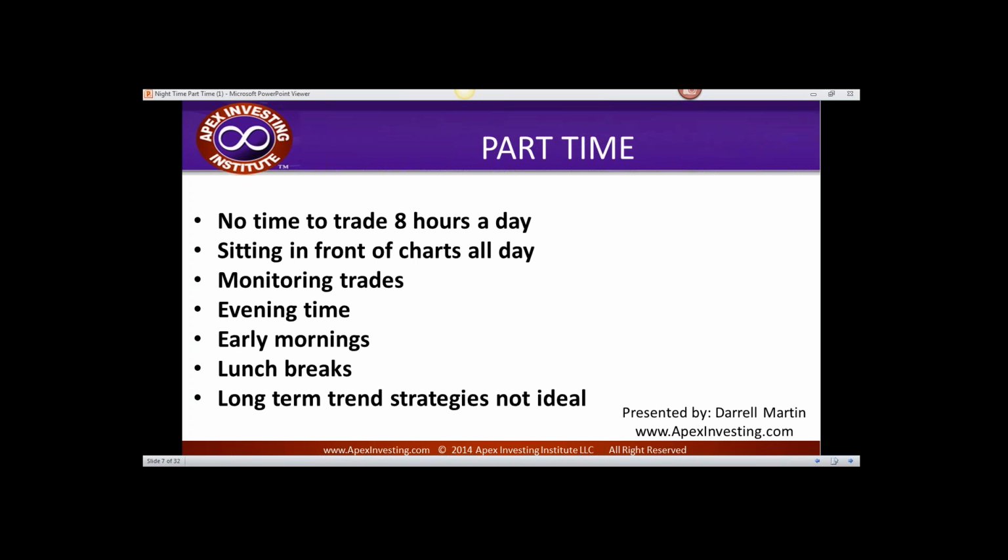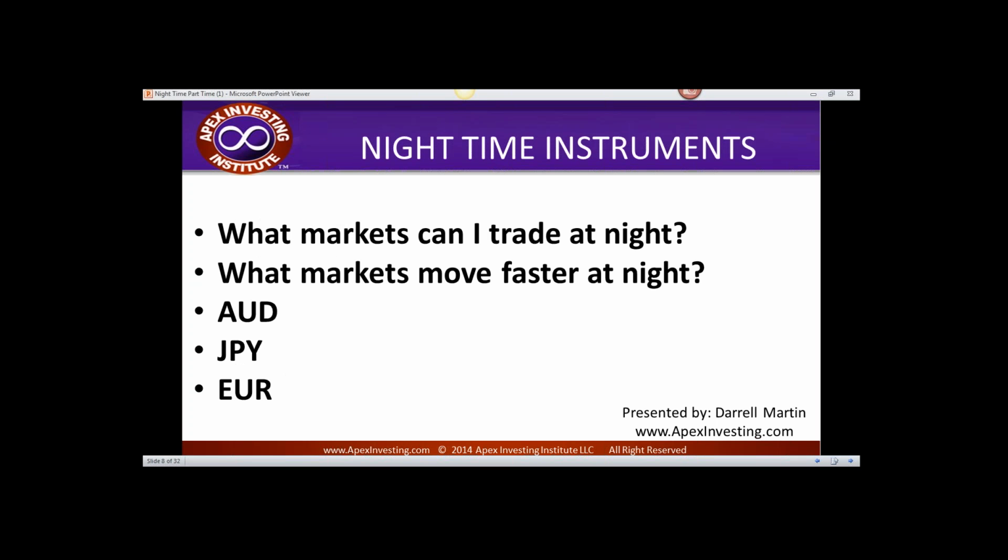So long-term strategies, you know, a lot of you, if you're new to trading, you've seen a bunch of stuff online, you've watched a bunch of videos, you've read a bunch of books about these long-term trading strategies and trend trading strategies where you've got to wait for everything to line up just right, and you enter this trade, and you've got to monitor it for hours or days or weeks, and that just doesn't work for you because of the time. Okay, so that's what we're going to talk about tonight, is shorter term type strategies for part-timers.